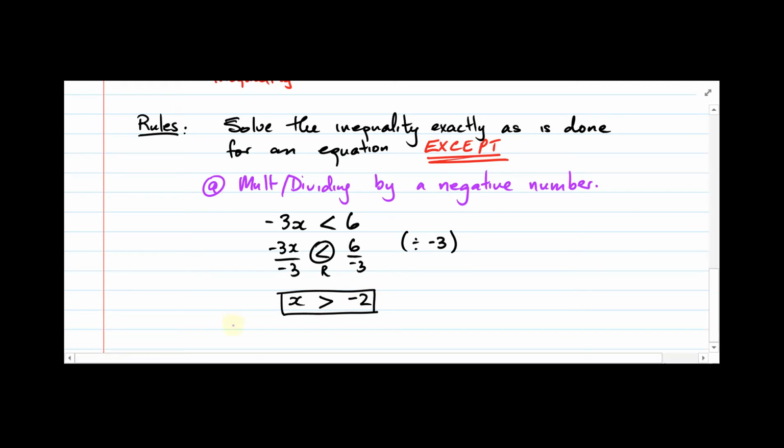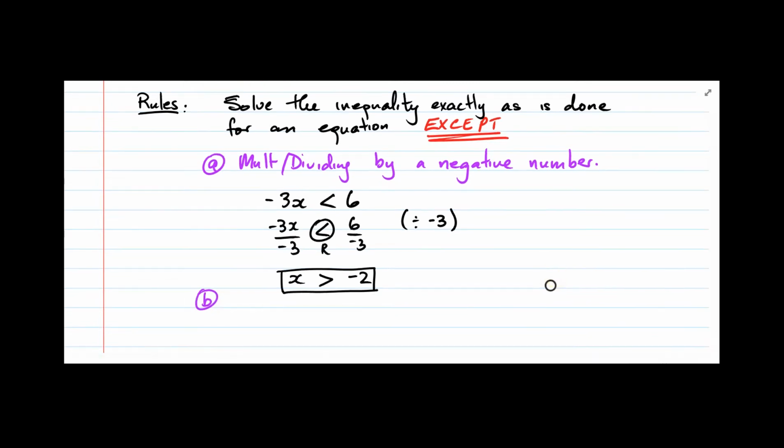Let's look at the second item. So we're solving an inequality just as I showed you, exactly as you would do an equation, right? And I did, except that when I'm dividing by that negative number, I reverse the inequality. Let's put that in, reverse inequality, as you can see from the example that I gave here.